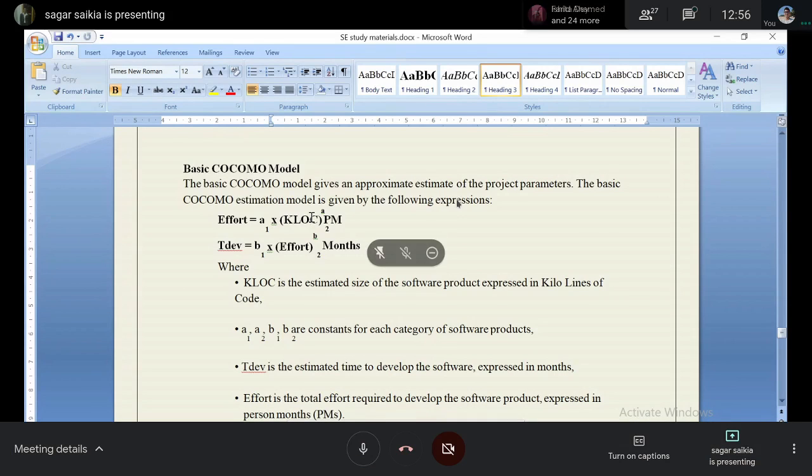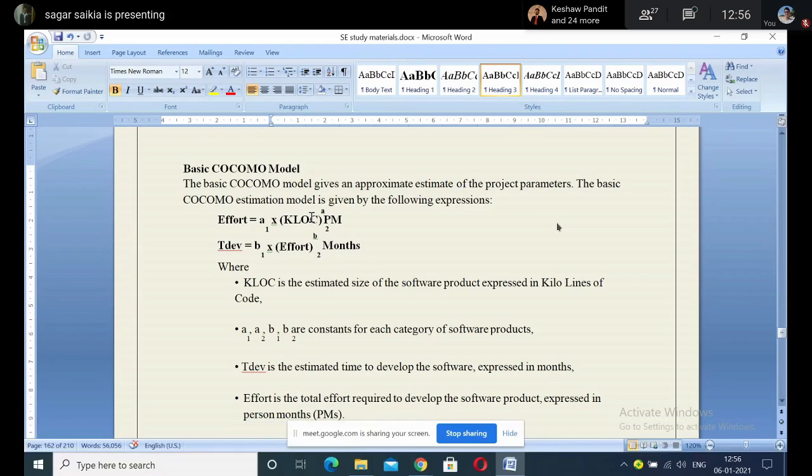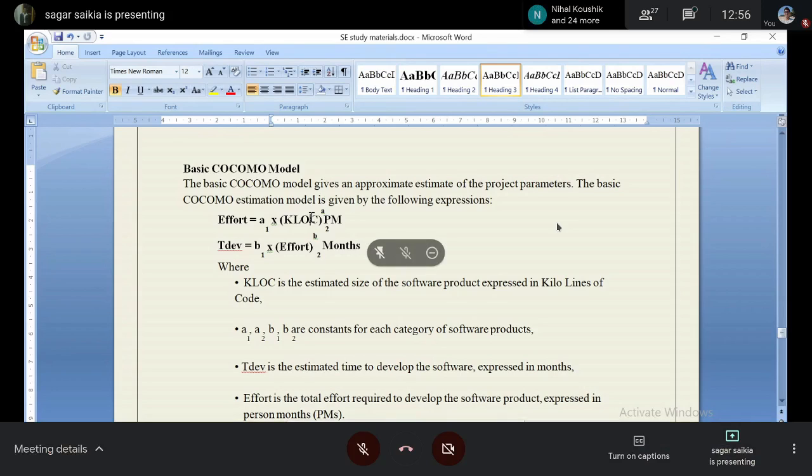So depending upon how many kilo lines of code have been written in 1 month by a person, that will help us compute the effort put in by a particular software team or a developer. Then TDEV is nothing but the estimated time required to develop the software, and it is expressed in months.